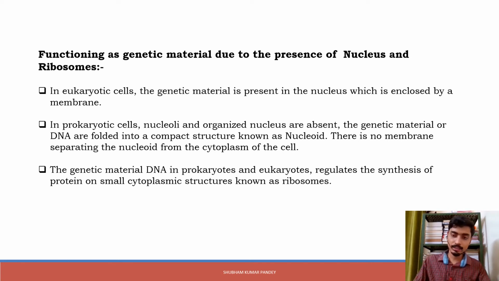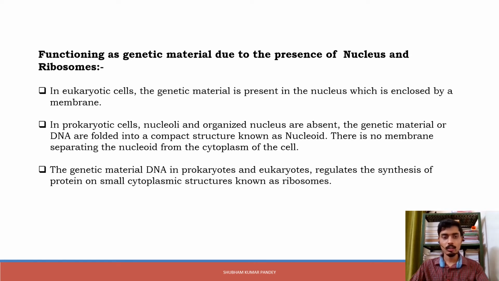We have already discussed that depending on the presence of a nuclear membrane or a distinct nucleus, cells are classified into two types: prokaryotic and eukaryotic cells. Prokaryotic cells do not contain a nucleus or nuclear membrane, and eukaryotic cells do, right? So in eukaryotic cells, the genetic material is present in the nucleus, which is enclosed by a membrane. In prokaryotic cells, an organized nucleus is absent.